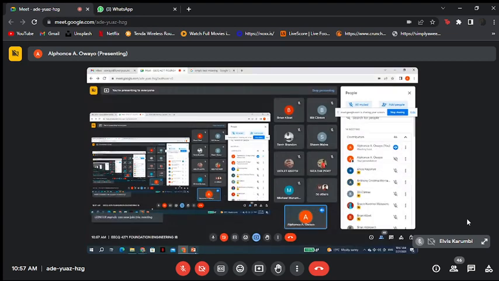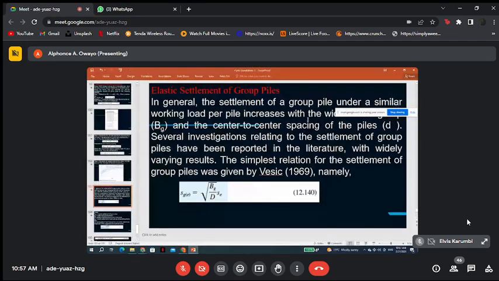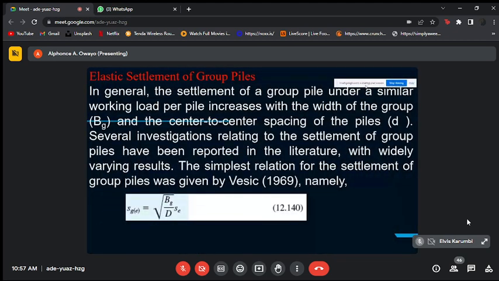We've talked about the group efficiency, the capacity of skin friction, the capacity of the group of piles, the issue with pile efficiency. Now we need to talk briefly about the settlement of a group of piles. So in general, the settlement of a group pile under similar working load per pile increases with width.